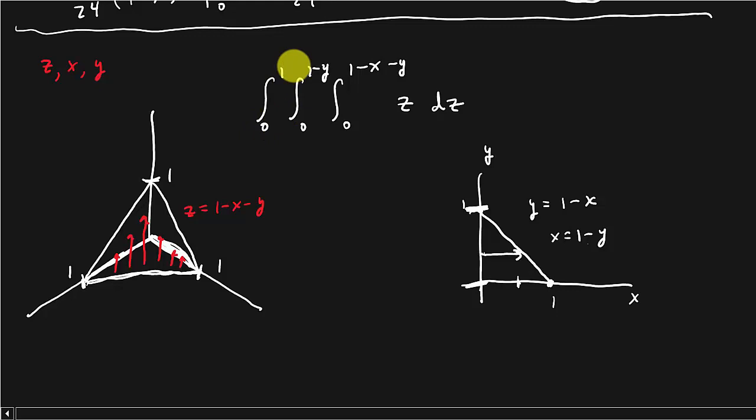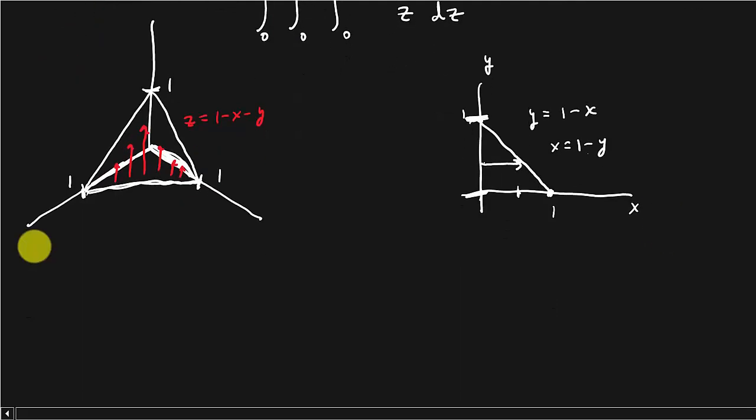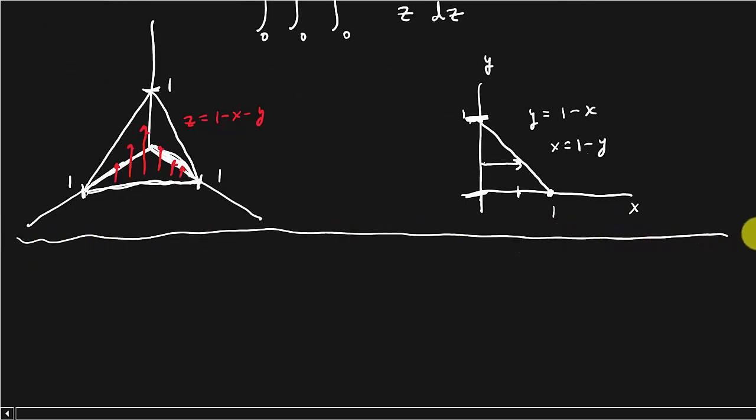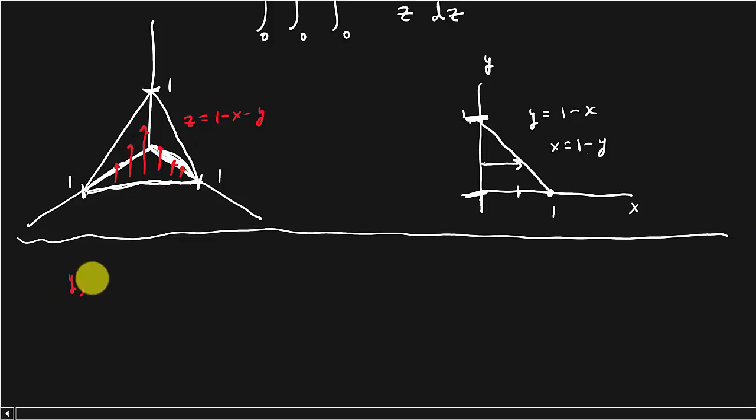Okay, and then you would integrate pretty much like we did in the first one. All right, so that's going z, x, and then y. All right, so let's set up way number 3. This time let's go with y, then z, and then x.